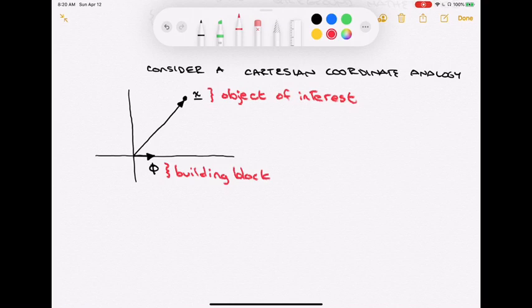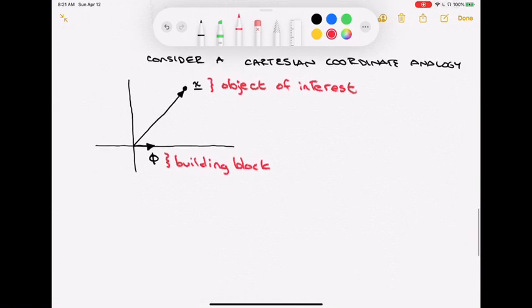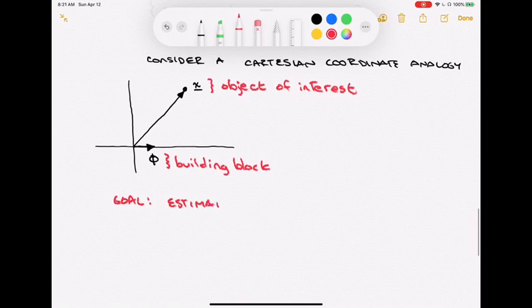So what do I have? I have an object of interest and I have a building block. And I would like to somehow estimate or create or approximate or build that object of interest using my building block. So my goal here is to estimate the object of interest using, and in this case it's going to be a linear combination.